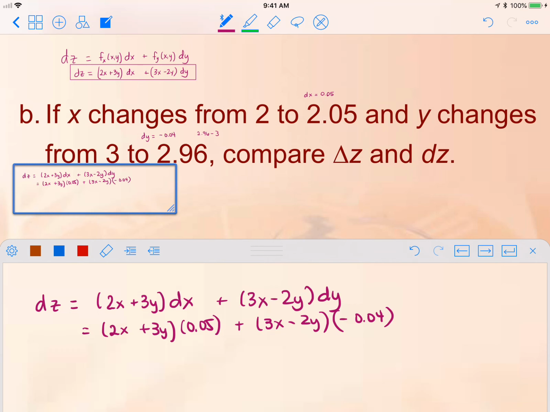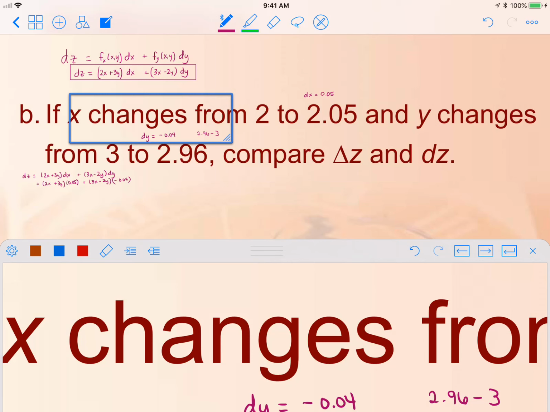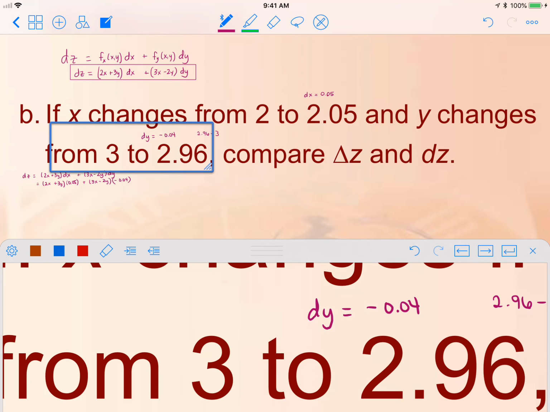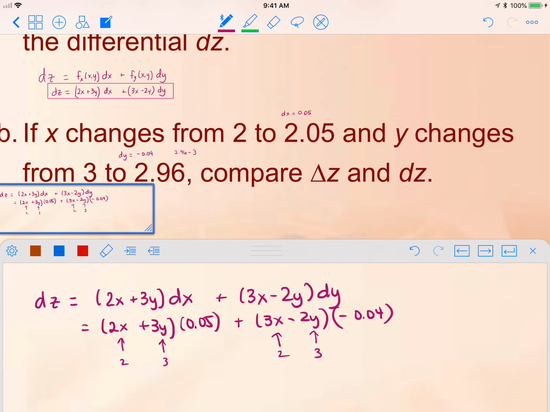I'm not done yet. I need to figure out what's x and what's y. Well, it says x changes from 2, so our starting point is x is 2 and y is 3. So let's plug in that x is going to be 2 and y is going to be 3. All right. So now what do we get?